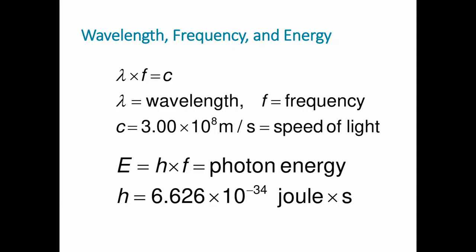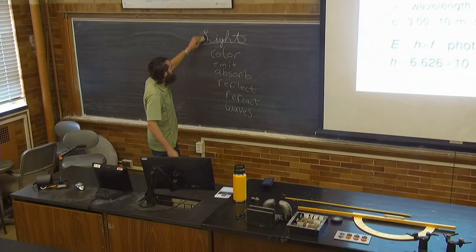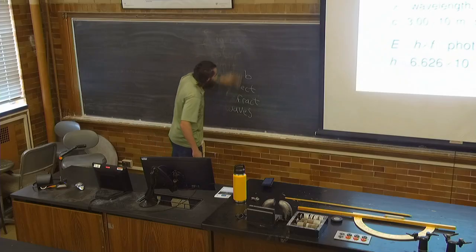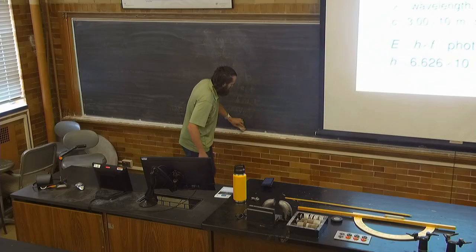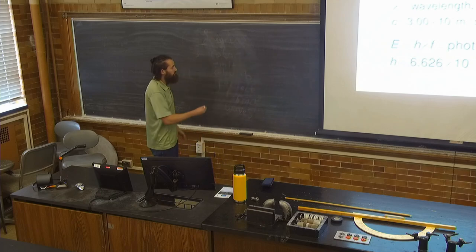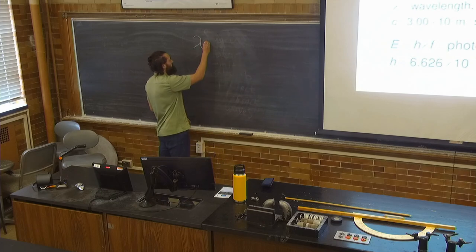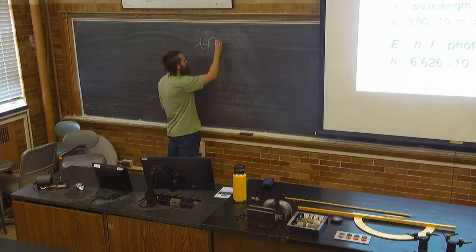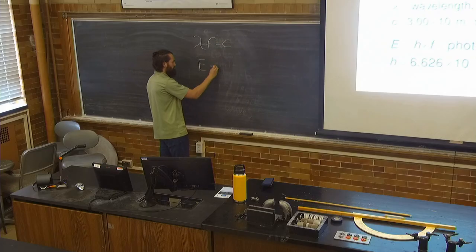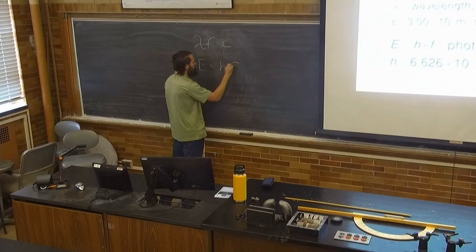And I guess it's not on this slide, but there's another formula for the energy of a photon. It's just combining the two equations that we have on the screen. So we have lambda times frequency equals speed of light, and we have energy equals h times frequency.